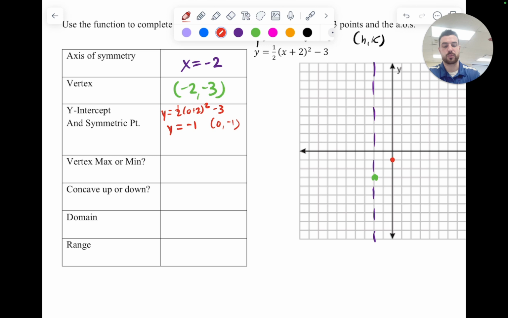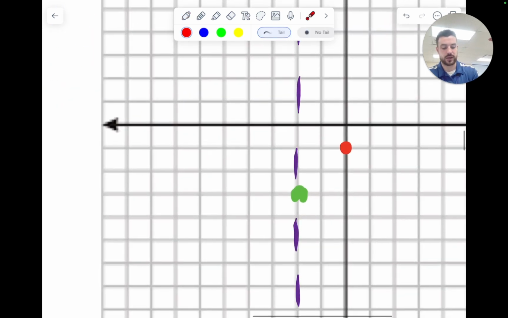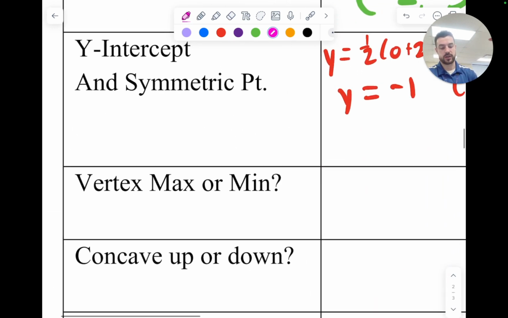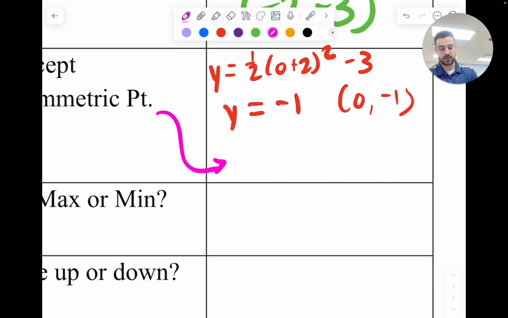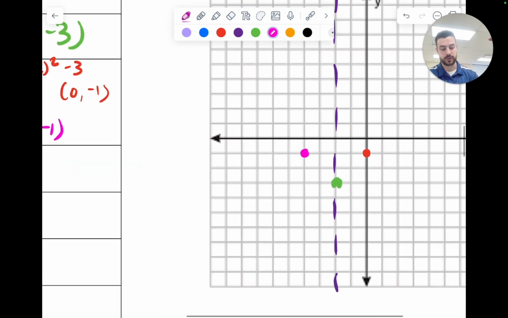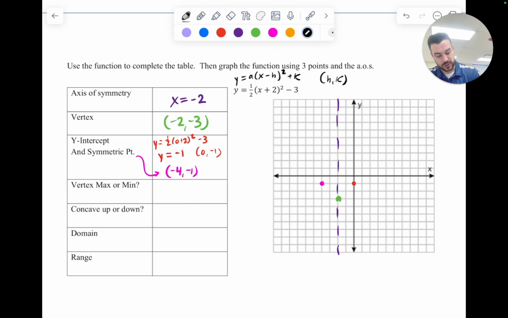Now, that symmetric point, again, we want to take it and reflect it over. We are 2 to the right of our axis of symmetry, so 2 to the left will be that symmetric point, whose coordinates are going to be -4, -1. And now we've got all the information we need to graph.